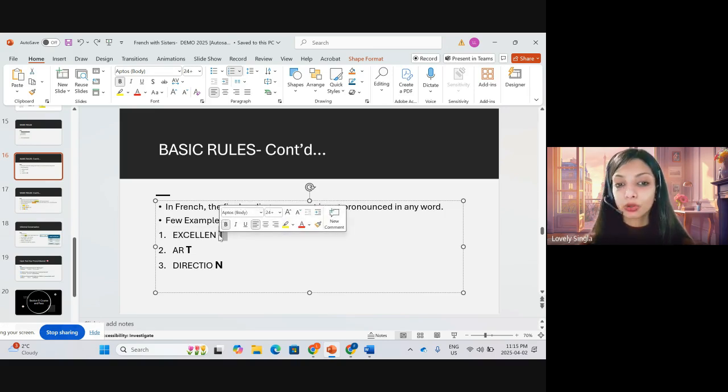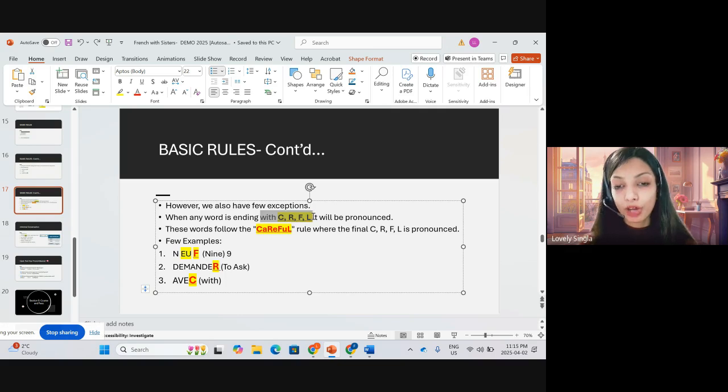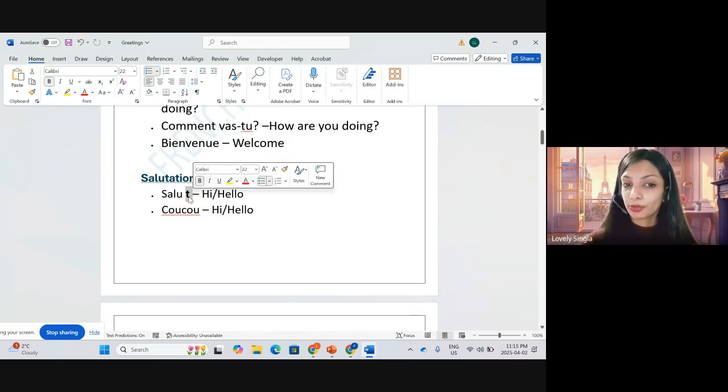However, if you see a consonant like CRFL at the end of a word, it will be pronounced, because this is one of the exceptions in this rule: wherever the final consonants are C, R, F or L, you will pronounce them. In the informal greeting we discussed, salut ended in T, and T is not from the list of CRFL.